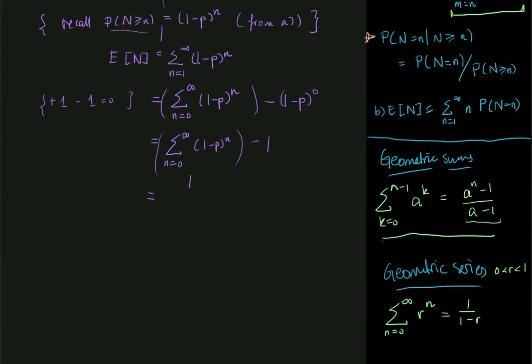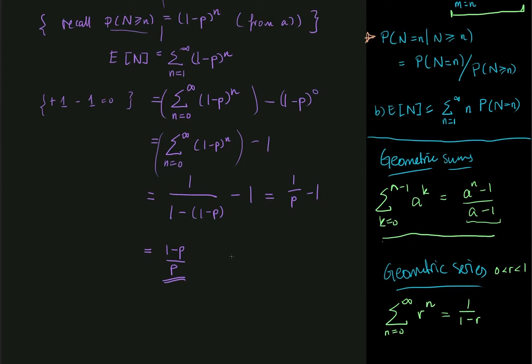And now I can evaluate this series using my geometric series formula, which tells me that I have 1 divided by 1 minus 1 minus p, minus 1. And this is equal to 1 divided by p, minus 1. And if I put that into one fraction, I can see that that is equal to 1 minus p over p.